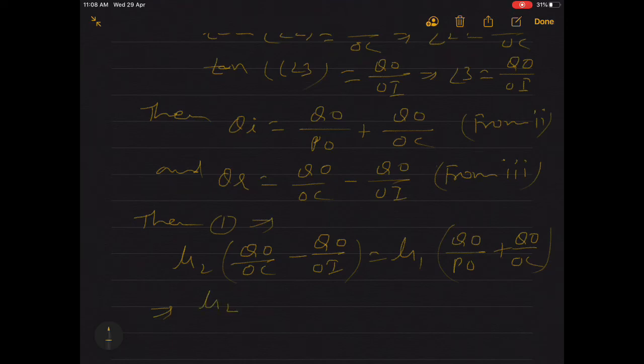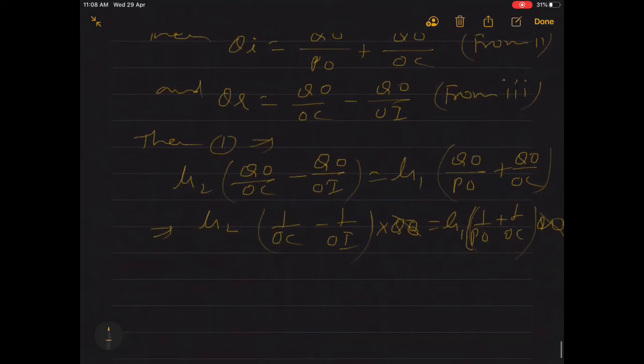If you open the bracket, mu2 into 1 upon OC minus 1 upon OI into QO is equal to mu1 into 1 upon PO plus 1 upon OC into QO. So QO to QO is cancelled.